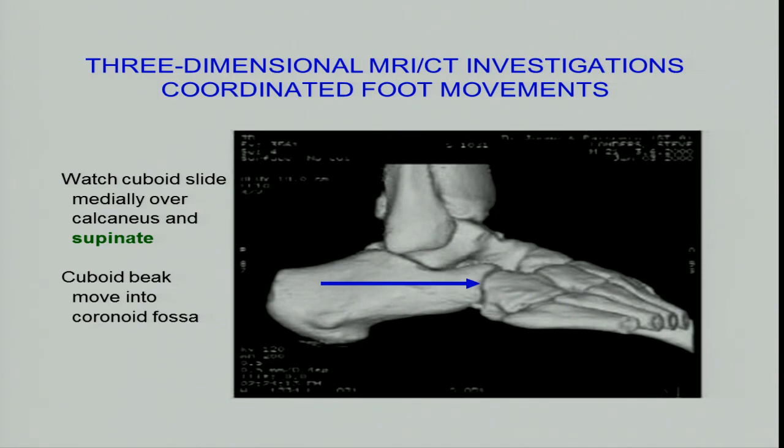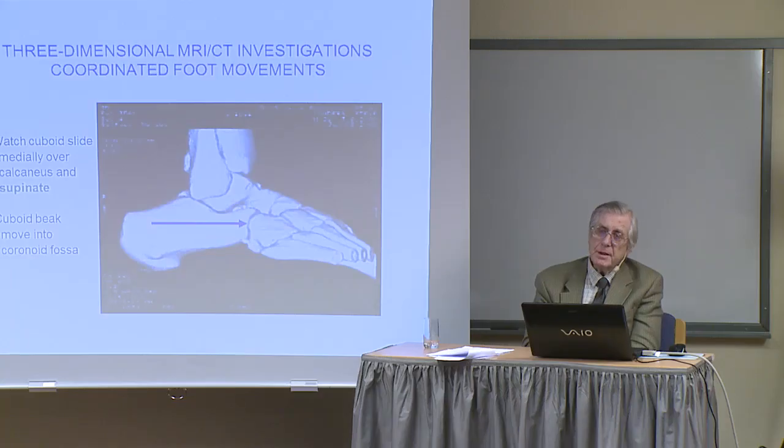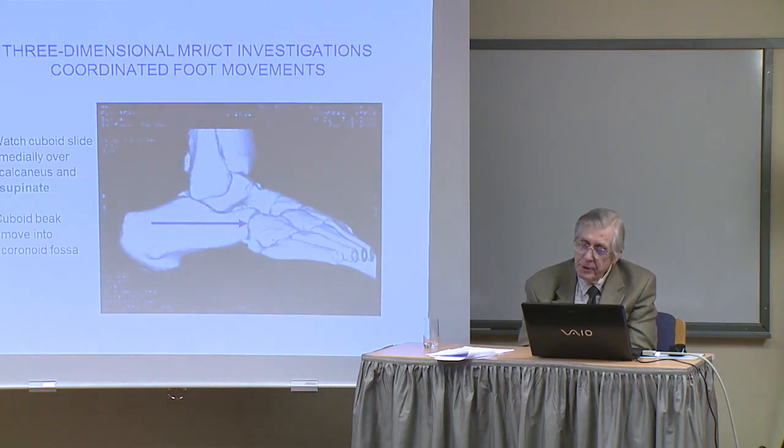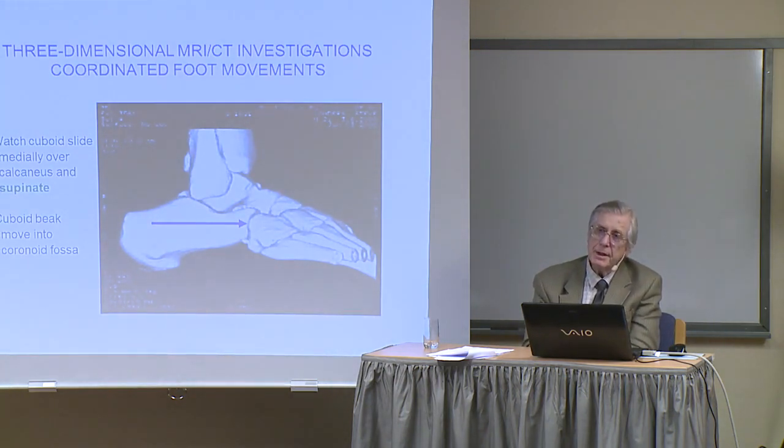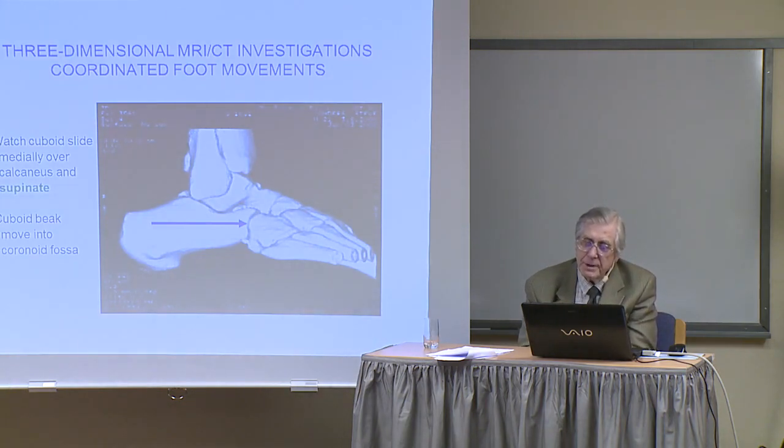You can see the slope of the posterior talo-calcaneal joint. And in this particular view, the midfoot is pronated and there is inward angulation at the midfoot, and the talus has slid all the way down that posterior joint.